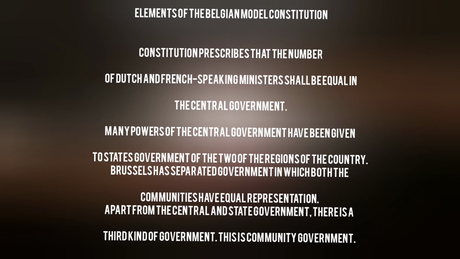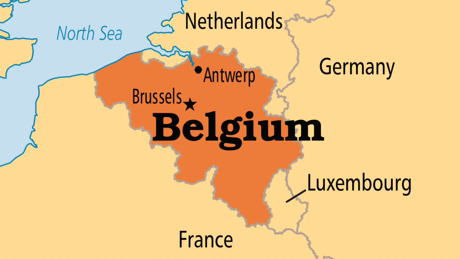And the fourth point: apart from these central and state governments, there is a third kind of government, that is community government, which is elected by the people belonging to one language community, Dutch, French, and German speaking, no matter where they live. The government has the power regarding cultural, educational, and language related issues.